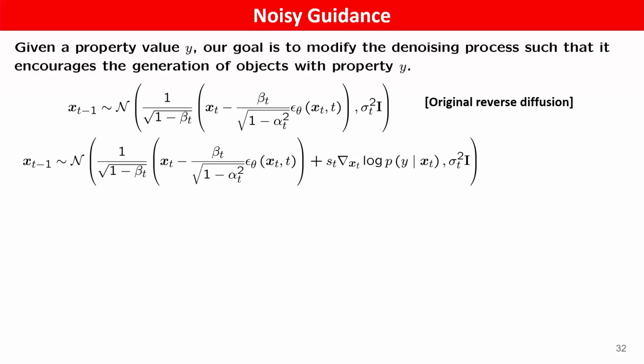The main idea here is that you could train, say, a classifier or regression methods such that for any xt, it would estimate the corresponding y value. And here st is just how strong a guidance we want on the diffusion.